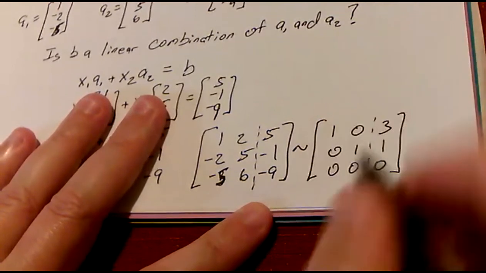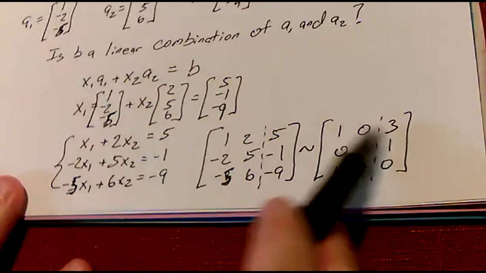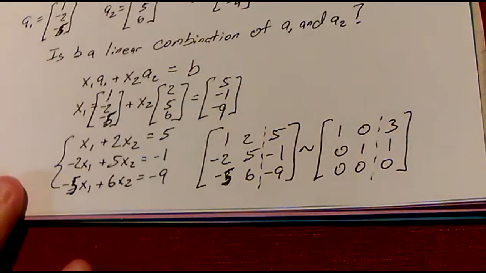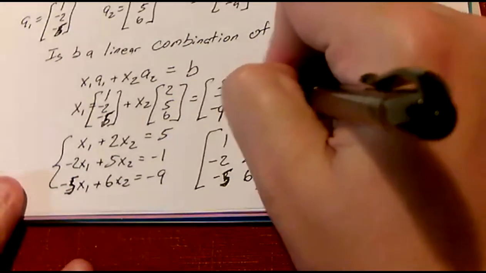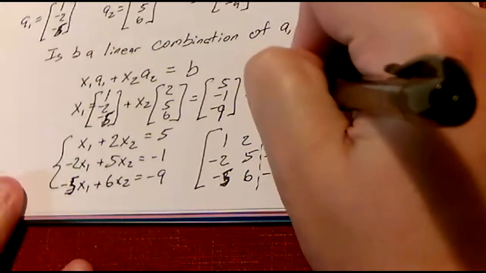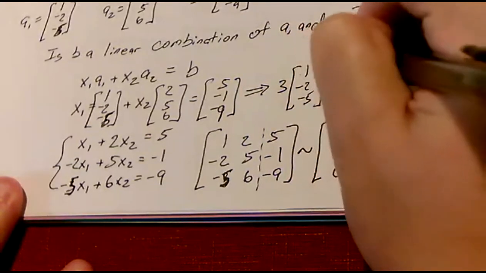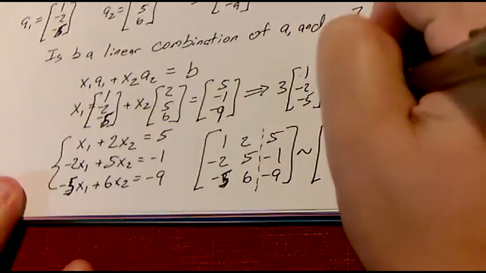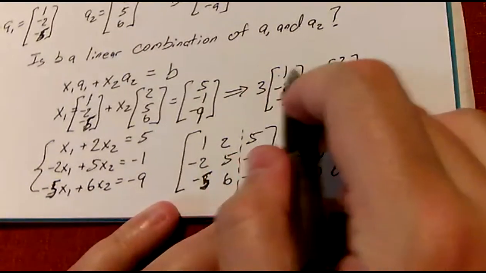Remember, this is augmented. So this tells me then that my weights here, x1 is equal to 3, and x2 is equal to 1. So what that means is if I take 3 copies of 1, -2, -5, and I add 1 copy of 2, 5, 6, well, this is going to be 3 plus 2.